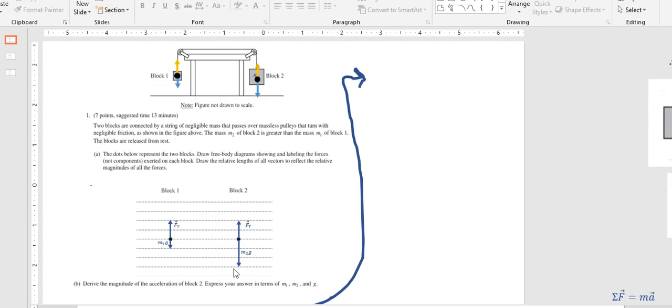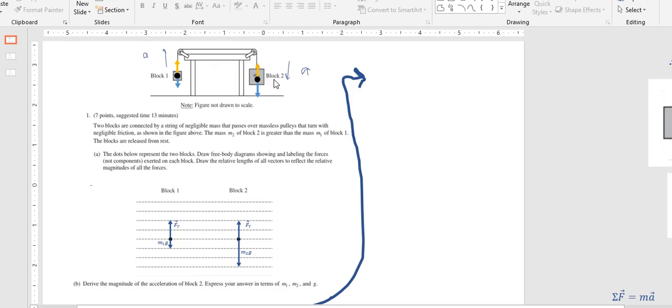Okay, so I'm going to do my work up here. I've drawn an arrow because remember, a human grades this. And I'm going to do something kind of weird with my free body diagram here. That's supposed to be an arrow pointing up, and this is an arrow pointing down. Both blocks are part of the system, so the magnitude of acceleration of the whole system is the same.